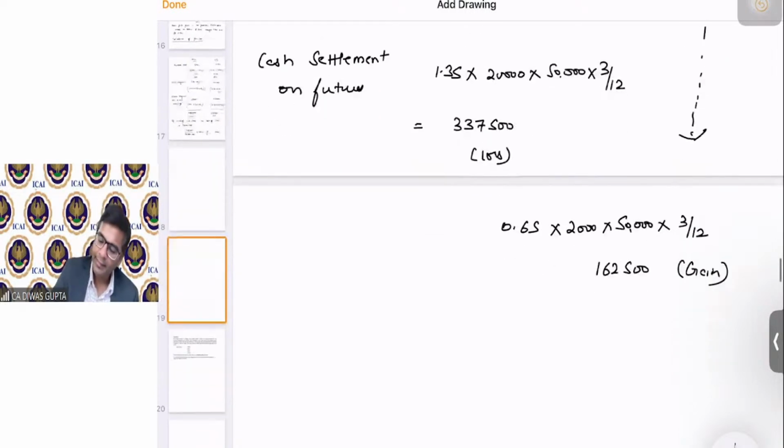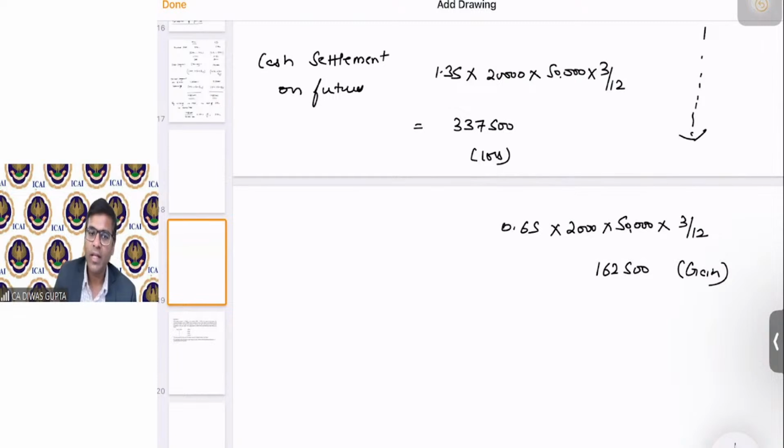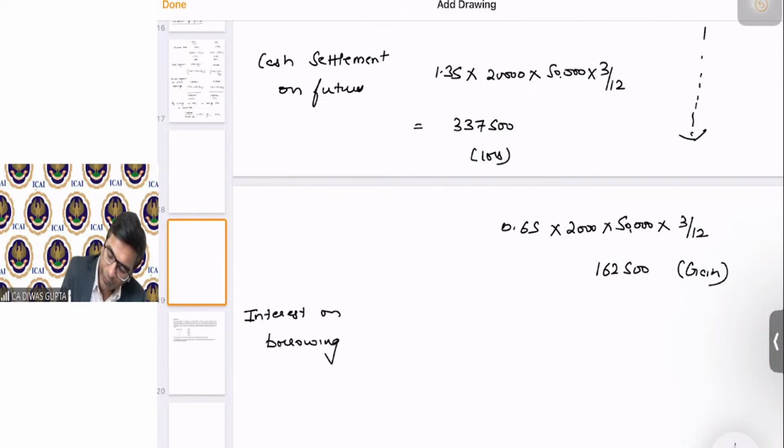Okay. Then this is a loss and this is a gain on the futures contract. Now, finally, our interest on borrowing. Interest on our basic borrowing was how much? It was 11,25,000 here and 16,25,000 here. Correct?